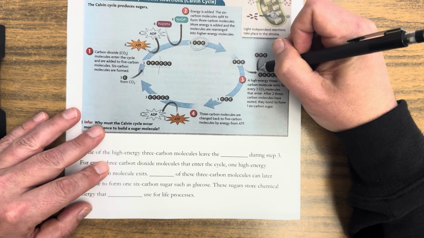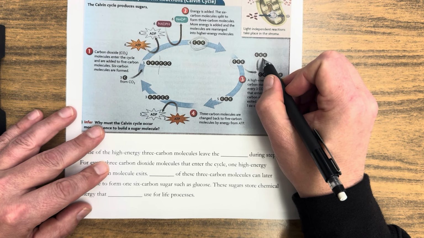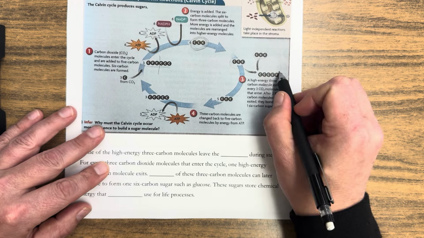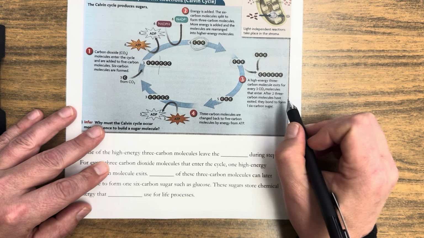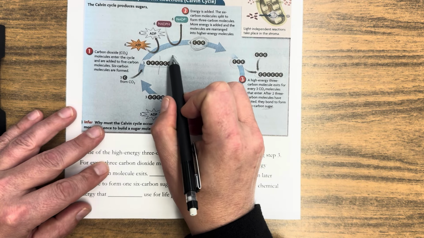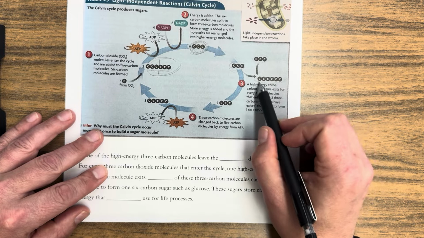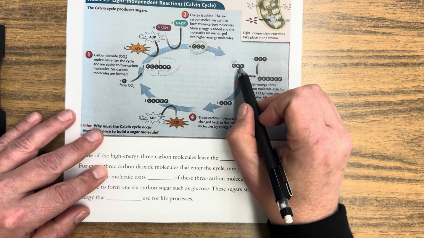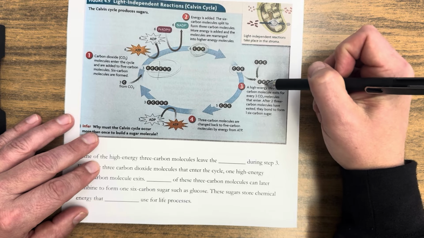They're going to link up or bond with another set of 3 carbon molecules to make a stable 6 carbon molecule. This can become a sugar. So it's not like this one over here. This one was unstable. This one is much more stable, and it's got a bunch of energy in there from the stored and transferred energy that's been taking place along the way.